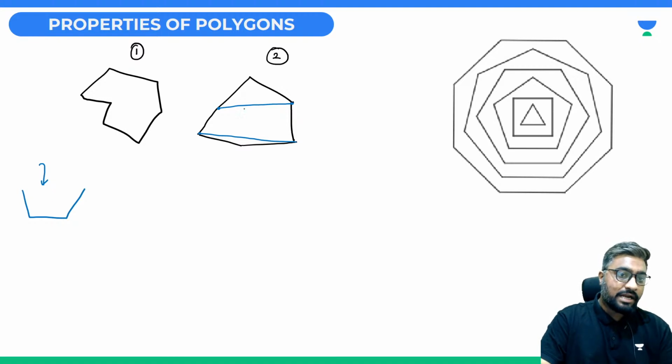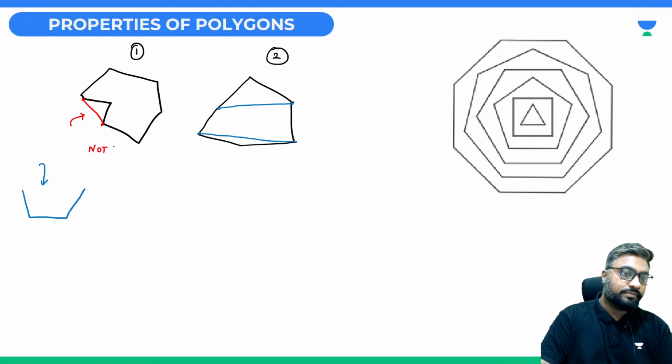But on the other hand, in diagram 1, if I join these two vertices like this, will this diagonal lie within the polygon? No. If it does not lie within the figure, then it is not a polygon.